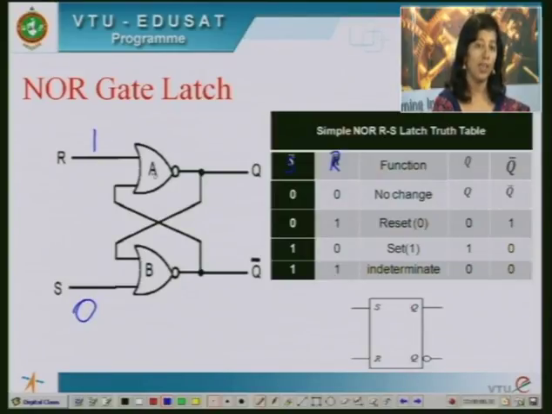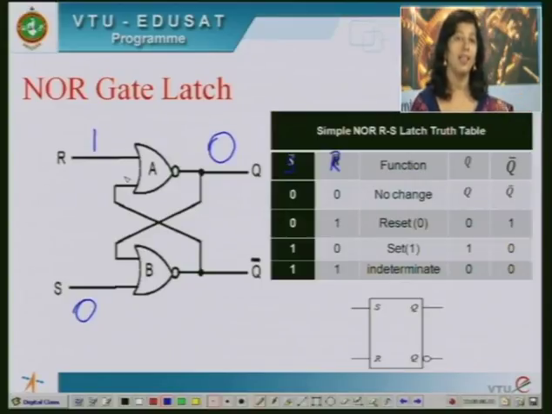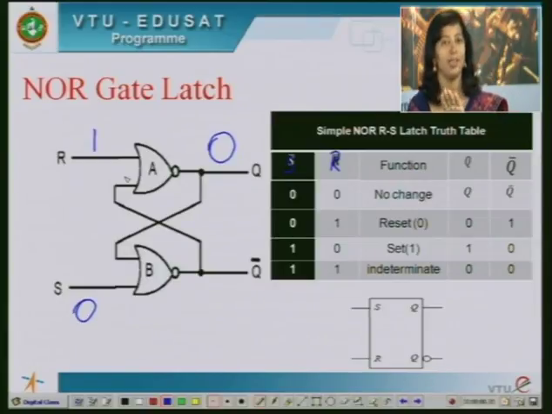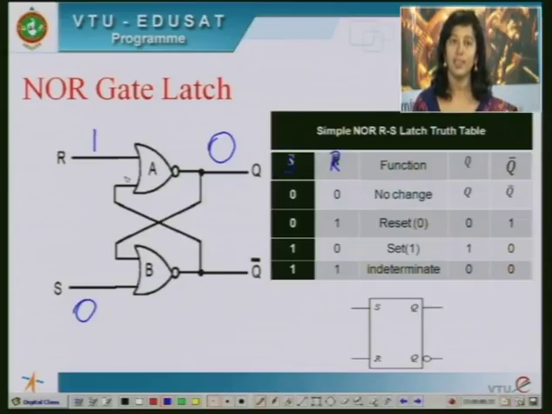In a NOR gate, if any one of the inputs is tied to logic 1, the output will go to low state, because 1 or anything is 1 itself, not of that is 0. So please remember, just like in NAND gate, if one of the inputs was 0, output would permanently remain as 1. Here, if one of the inputs is tied to logic 1, output will permanently remain as 0.